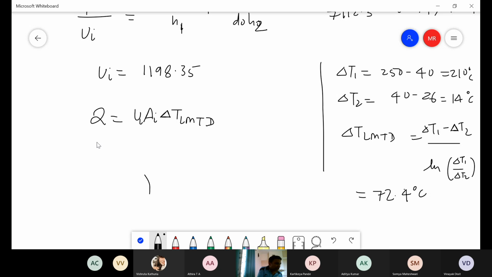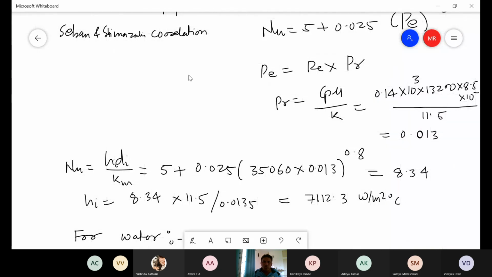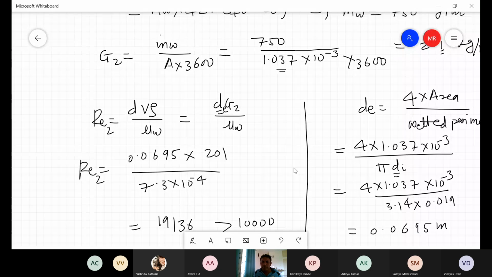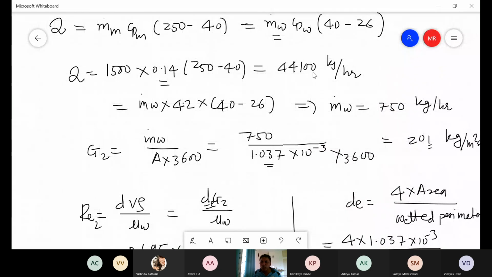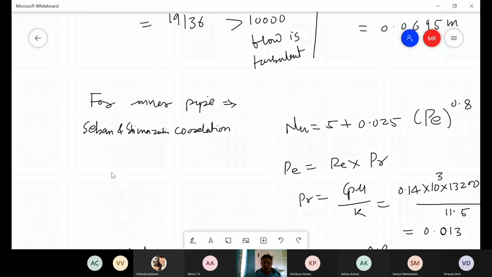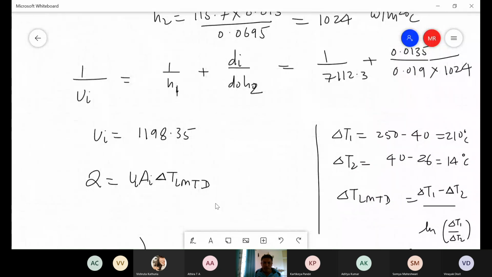So Q we have anyway calculated. So Q comes out to be, if I go back up, so Q we have already calculated. So Q is 44100 kilojoule per hour. 44,100. So I will just put everything in this equation.